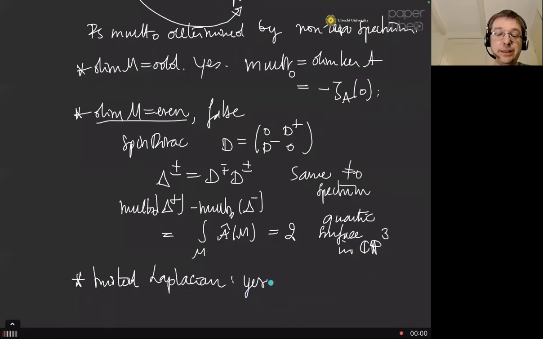By this, I mean that this multiplicity of 0 in the spectrum is determined by the non-zero spectrum if you also know the zeta function of the usual Laplacian.